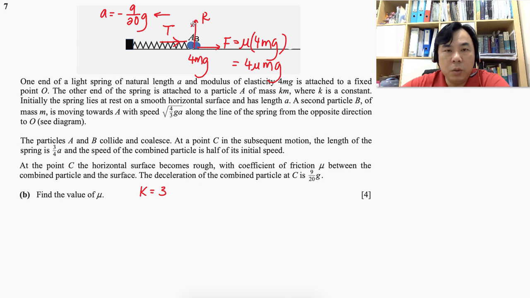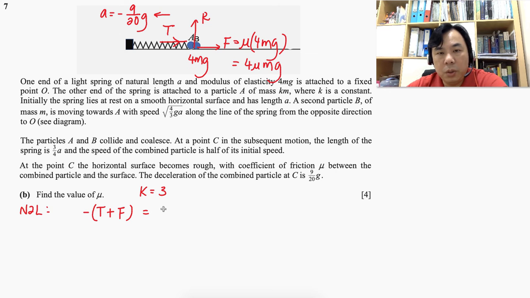Now, by using Newton's second law again, the resultant force is basically negative T plus F, because there is no force acting in this direction other than acting in the opposite direction.